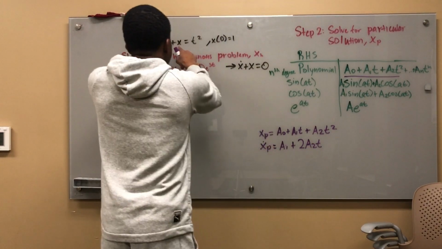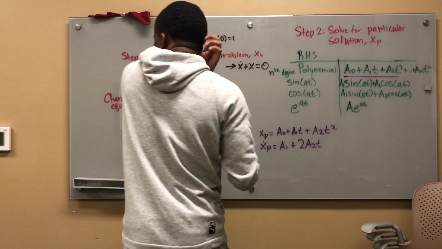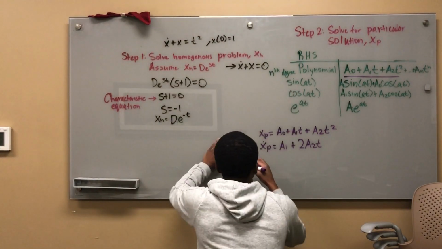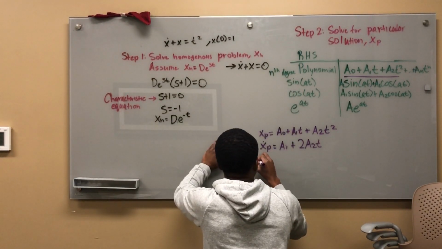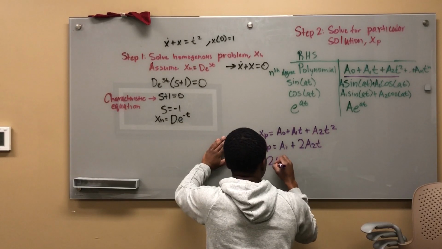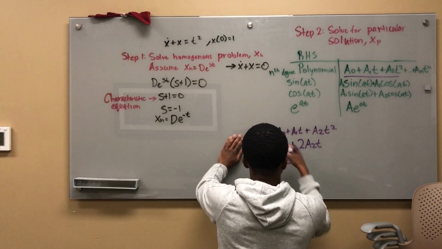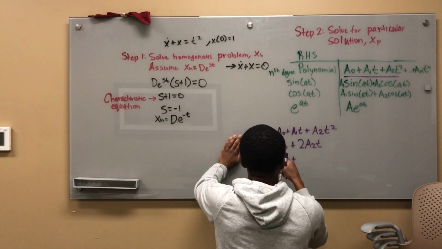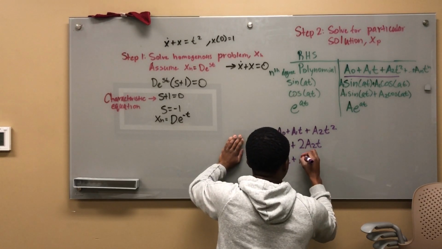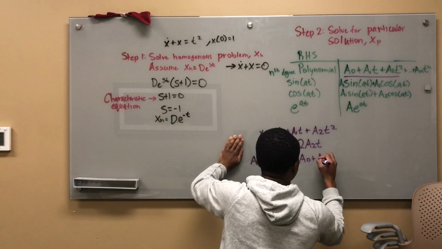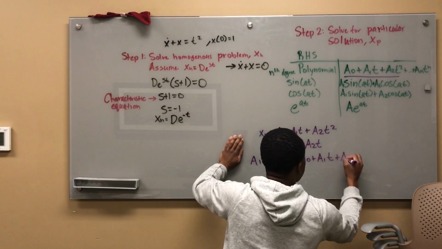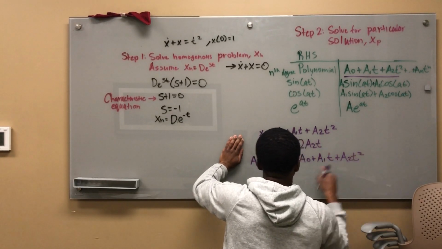Now I'm gonna rewrite this as this, okay? So xp dot is equal to a1 plus 2a2t plus x, which is just gonna be our xp: a0 plus a1t plus a2t squared.